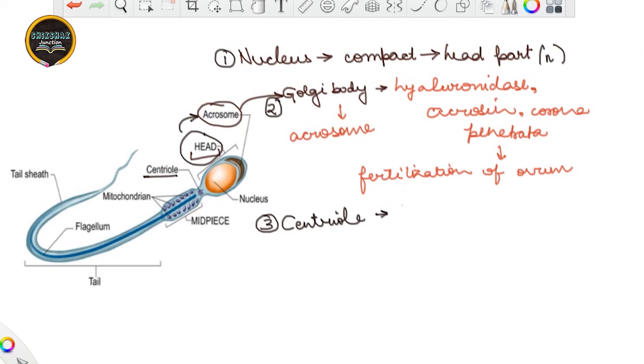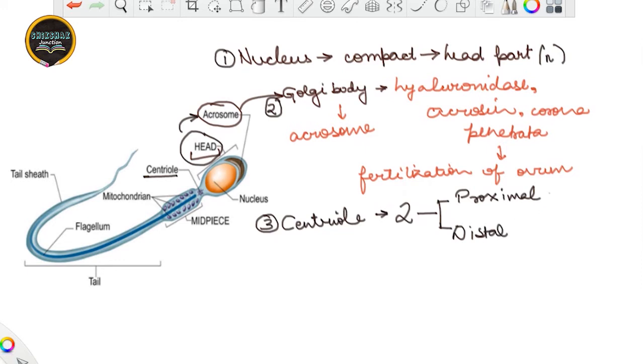So the two centrioles are arranged in the neck region one after the other, and you can classify these two centrioles as proximal and the distal one. Proximal obviously is the one that is near to the nucleus, and distal is the one that is away from the nucleus. That is how you classify the proximal and the distal.